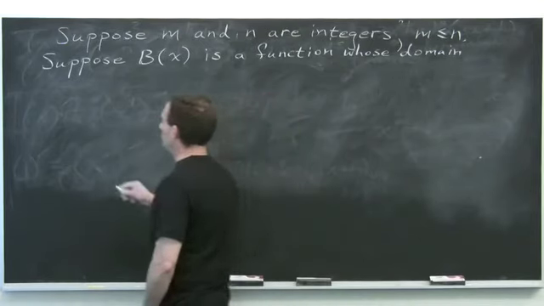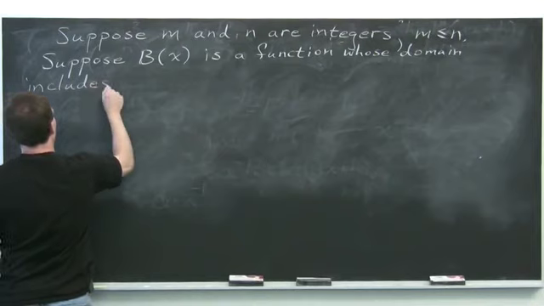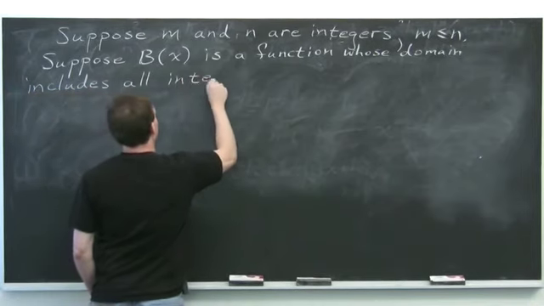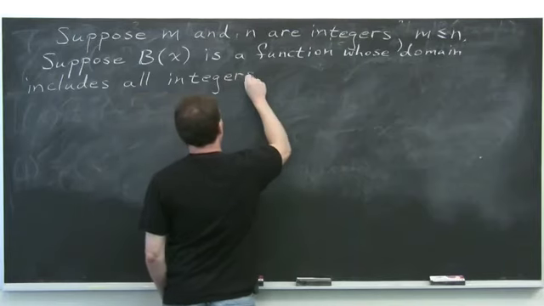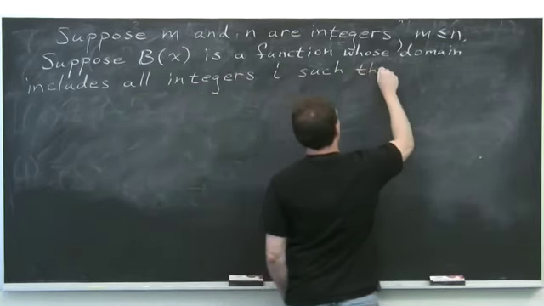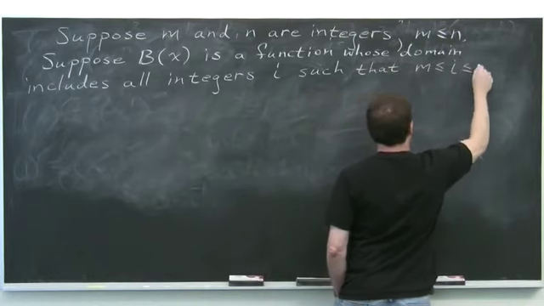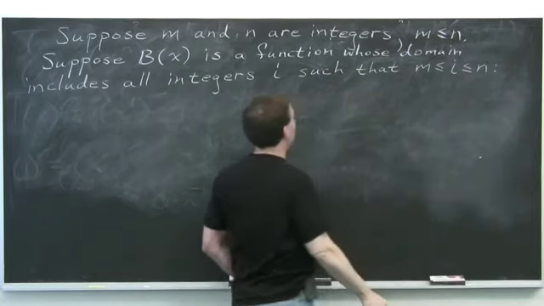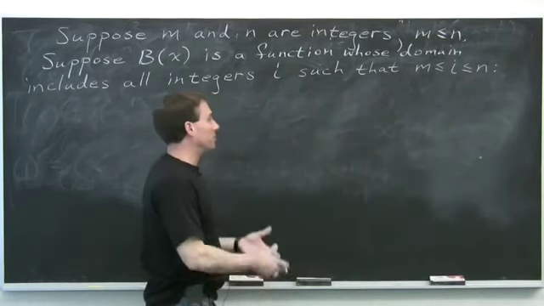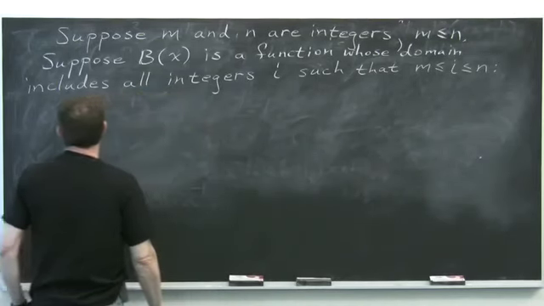That is, whose domain includes all integers I such that m is less than or equal to I is less than or equal to n. So b is some function whose domain at least includes these integers. It might be bigger, it might be exactly that, it might just be all integers.